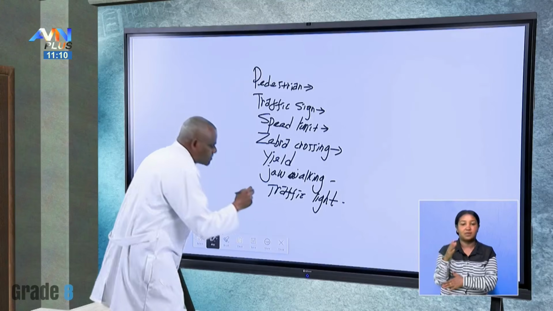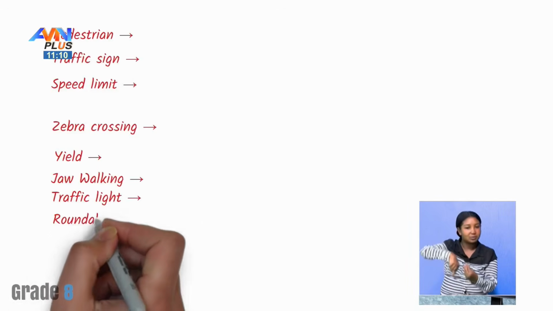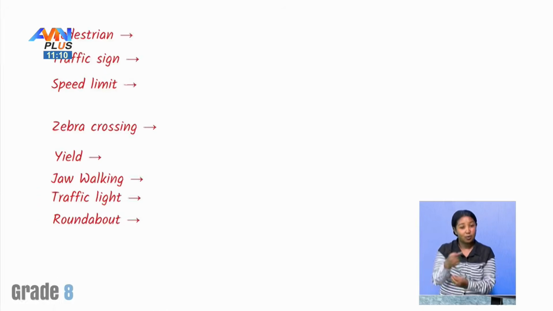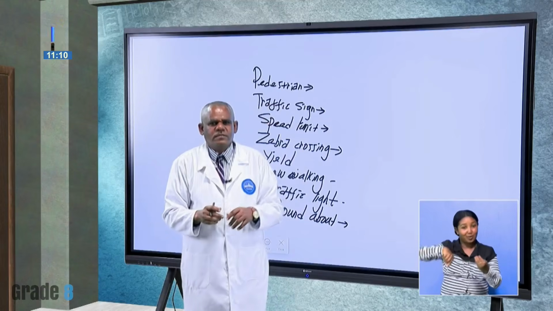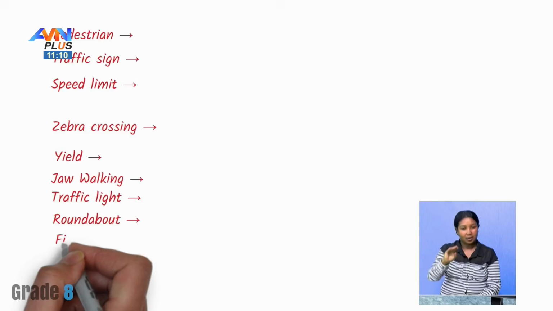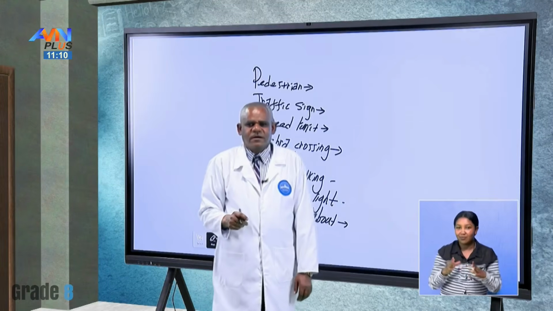The other one is roundabout. Roundabout is an intersection, an area. That's it. Fine is another. It is similar to the word fine, as in how are you, fine.